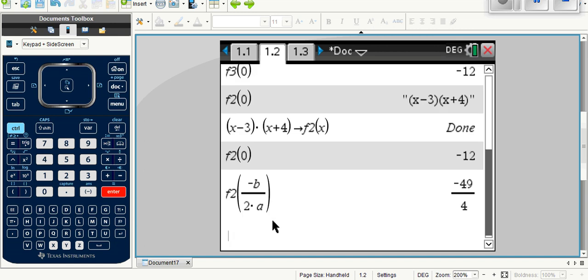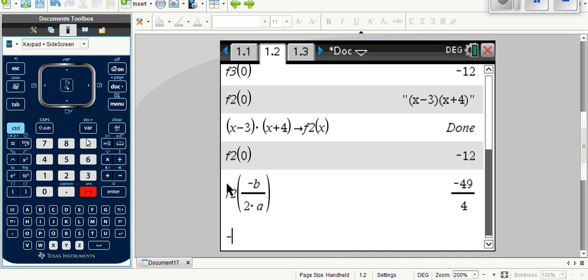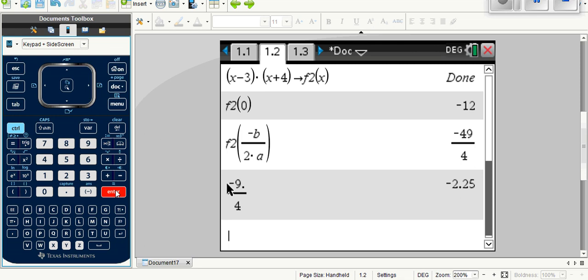And that negative 49, whoops, 49. I said negative 49 divided by 4 in decimal is negative 2.25.